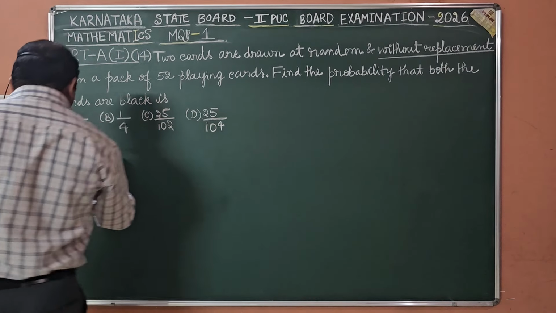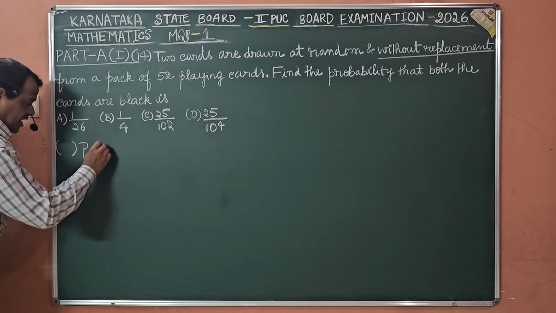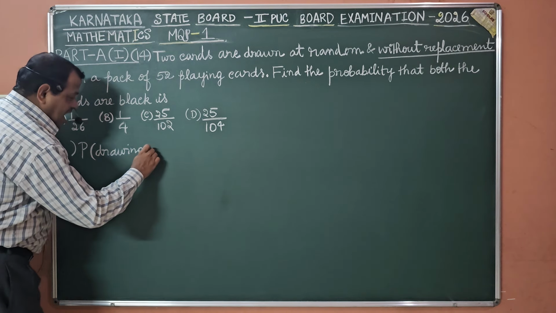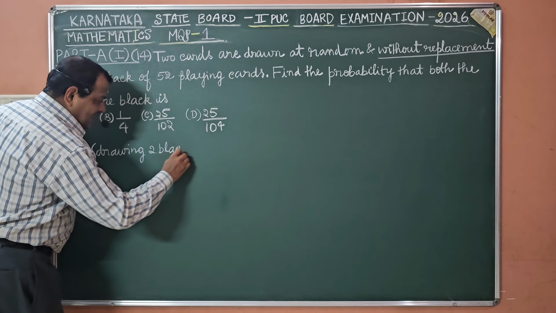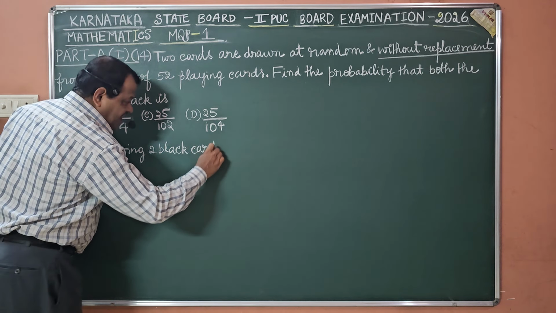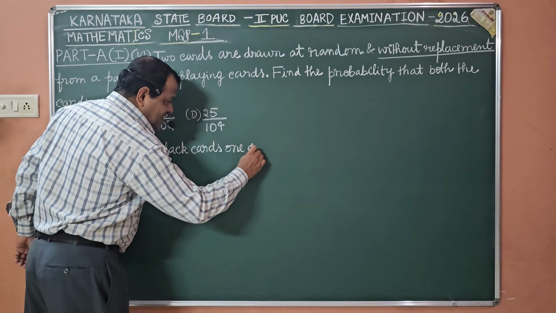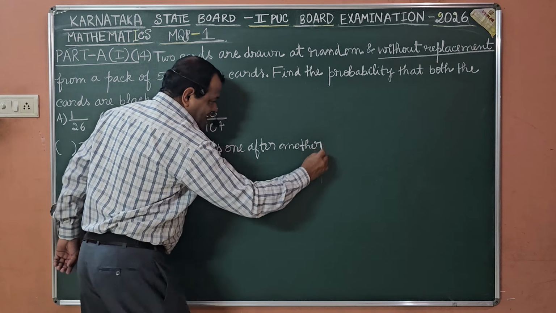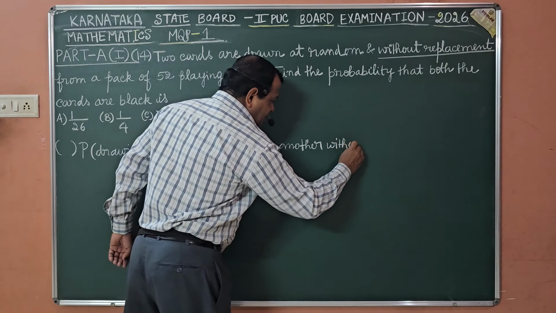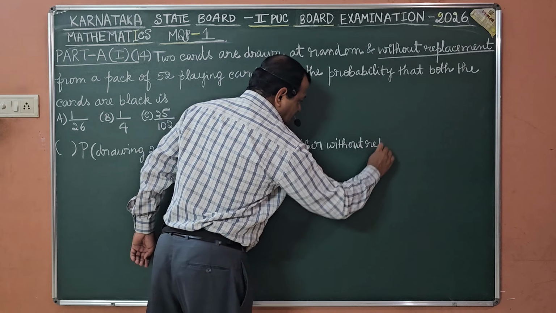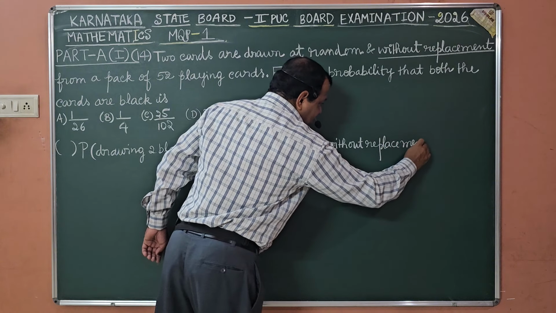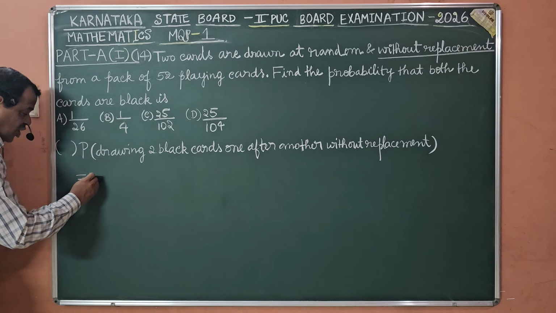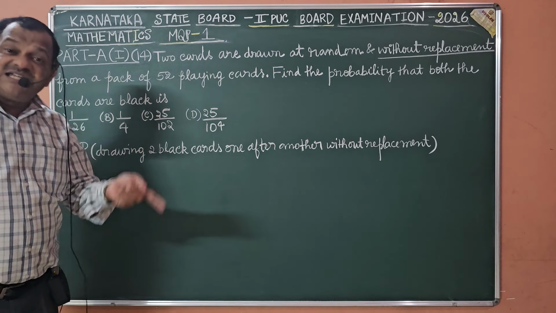Therefore, the probability of drawing 2 black cards, one after another without replacement, is equal to, say, first the probability of drawing the first card black.